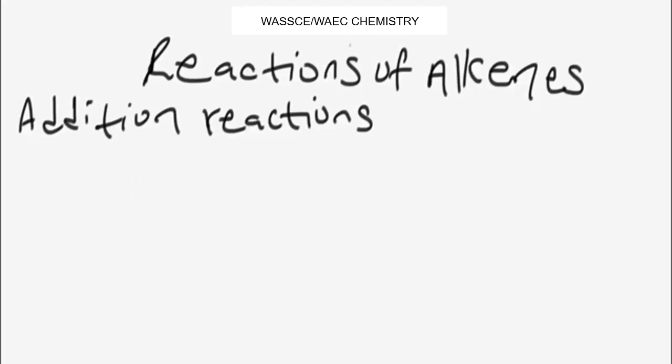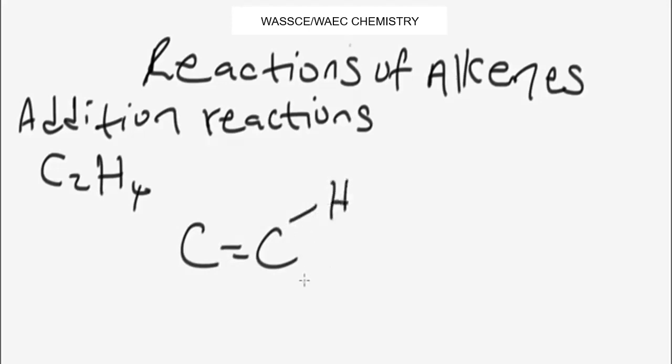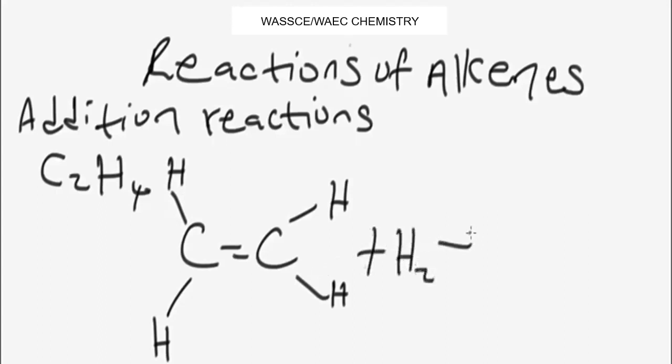So basically, let's say ethene. As we all know, ethene has the formula C2H4. So this is a structure of ethene. When ethene reacts with hydrogen molecule, we're going to have the output to be a saturated alkane.